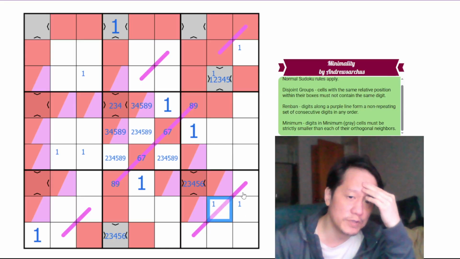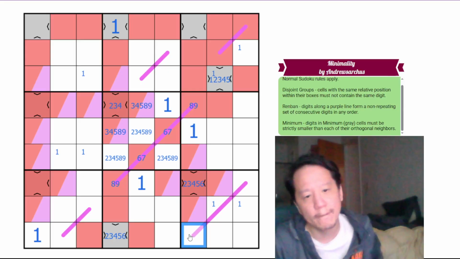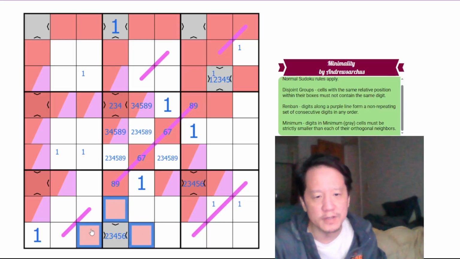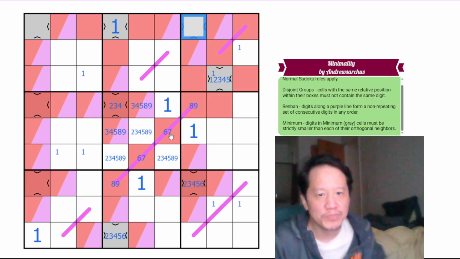If this is 1, this would guarantee this is 2 and 3, which is possible. Oh, this has to be then pink, because it cannot be 1 in there. Oh, so then these are pink. These are pink, because this can't be 1.